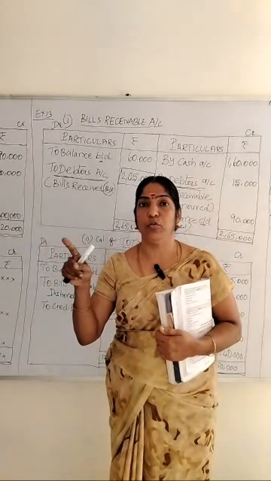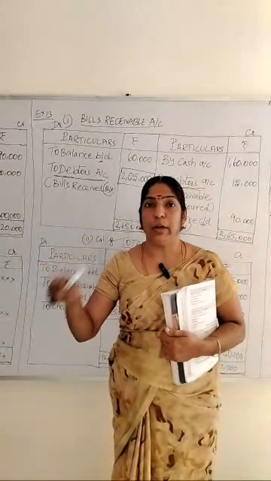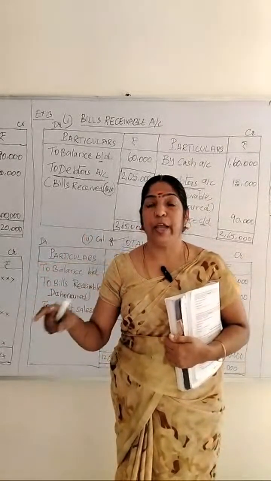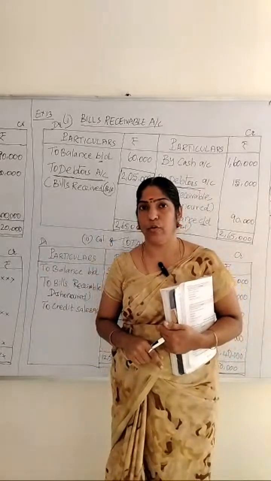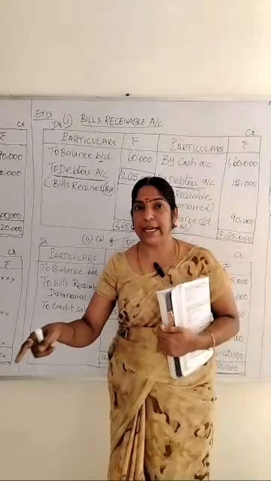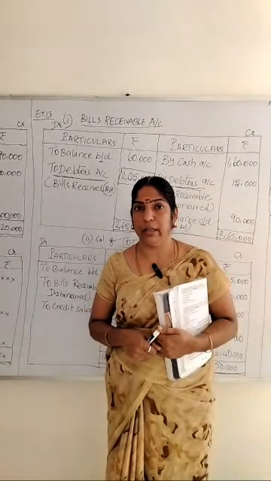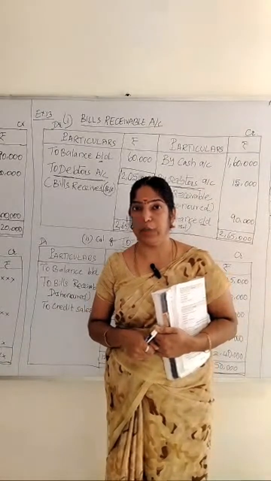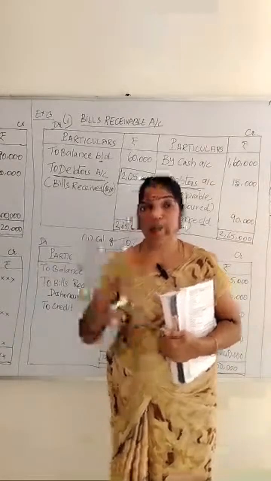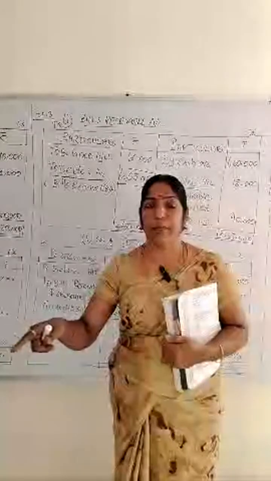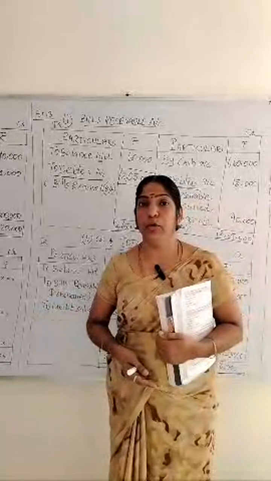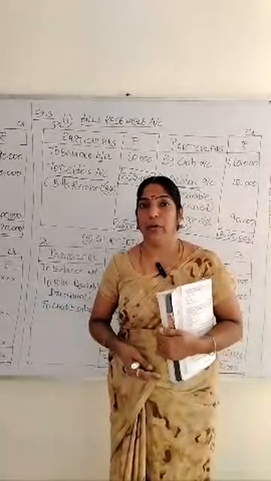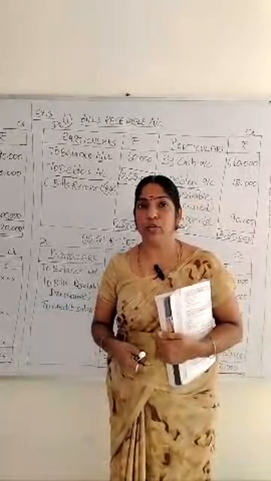On 15th May 2025, your debtor agreed to pay that due amount of 75,000 rupees. So you get his signature on that document, the bills receivable document. On that due date, the 15th, you send that document to your debtor for making payment of 75,000 rupees.